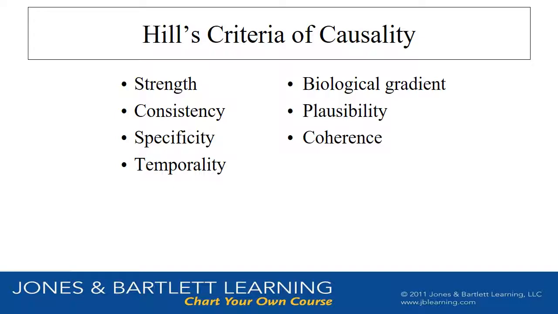So we might consider that evidence suggesting that higher pollutant levels cause more disease is a strong indicator that this pollution causes the outcome. There are a number of other criteria that I suggest that you read and review to understand them fully, but it's important to have something to evaluate how strong is the evidence that this exposure causes the disease, because sometimes it's just that they're in the same place at the same time.